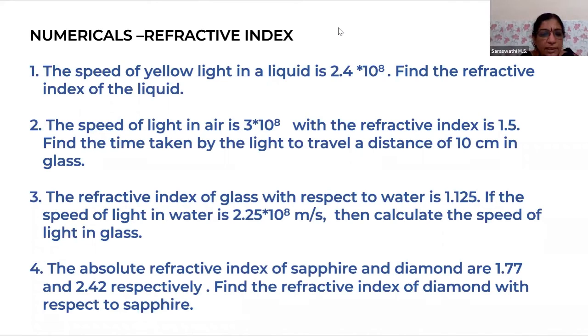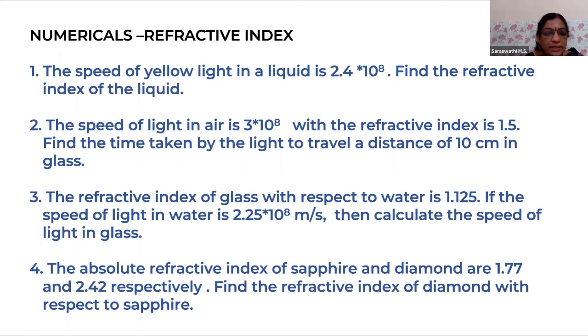Okay. So the absolute refractive index of sapphire and diamond are 1.77 and 2.42 respectively. Find the refractive index of diamond with respect to sapphire. How will you do this? Diamond with respect to sapphire. So what will come on top? What will be below that? You are comparing absolute refractive index of two different media.